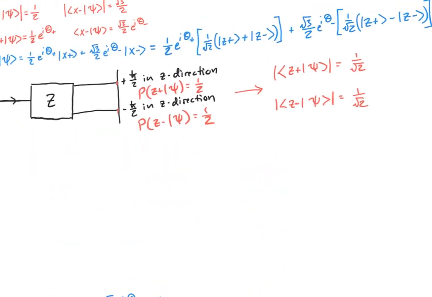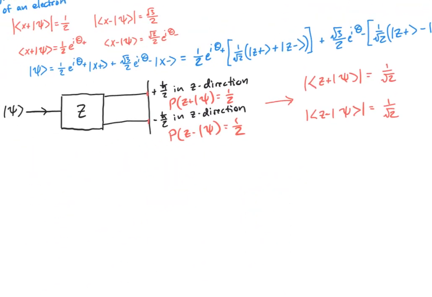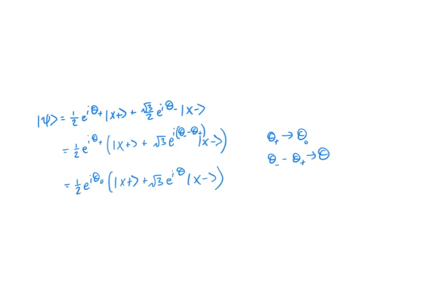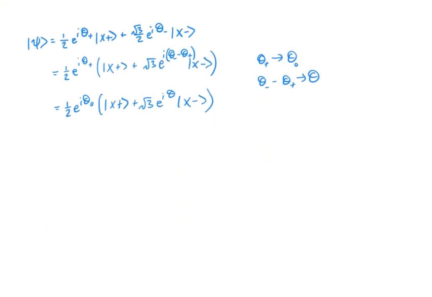Using the probabilities that I outlined above and expressing our states x plus and x minus in terms of the z basis will allow you to conclude that e to the i theta must be equal to plus or minus i.